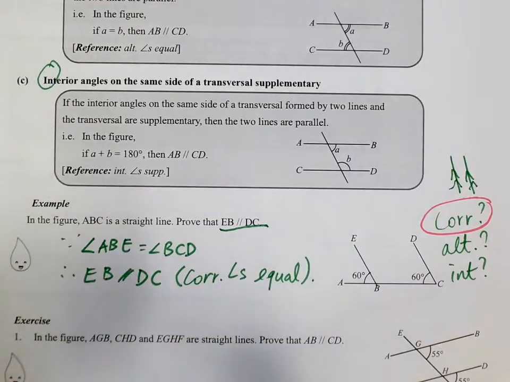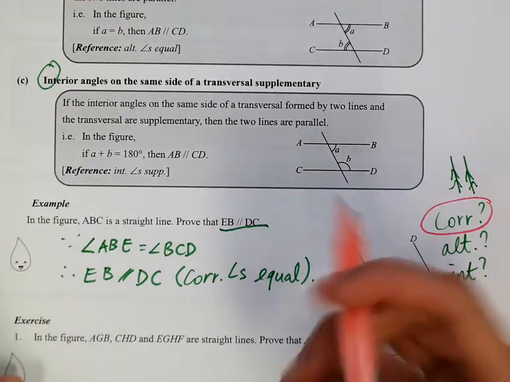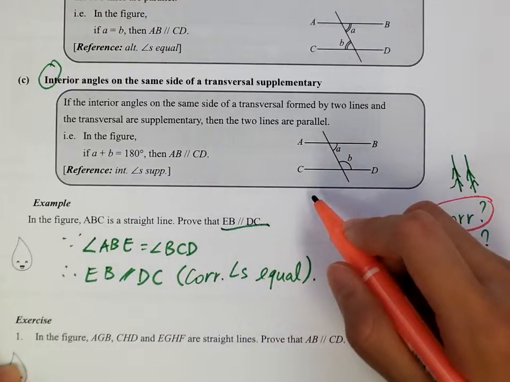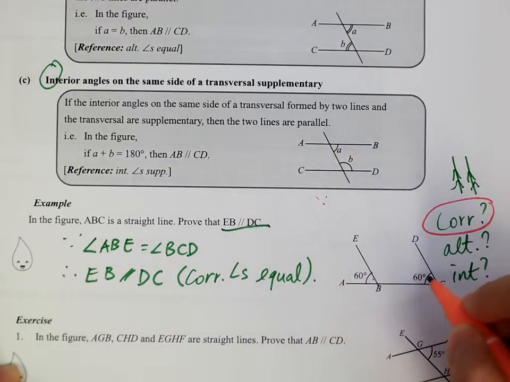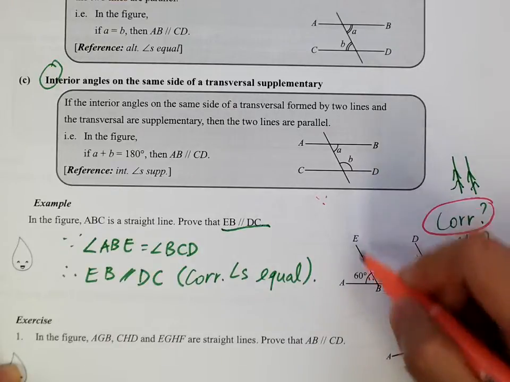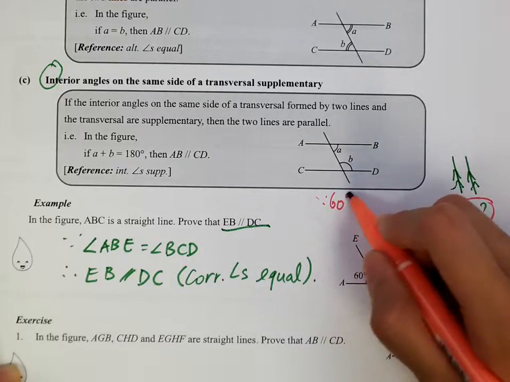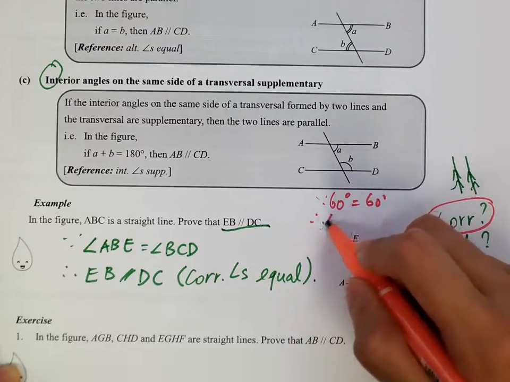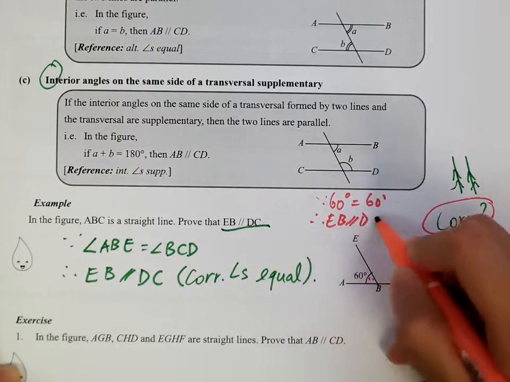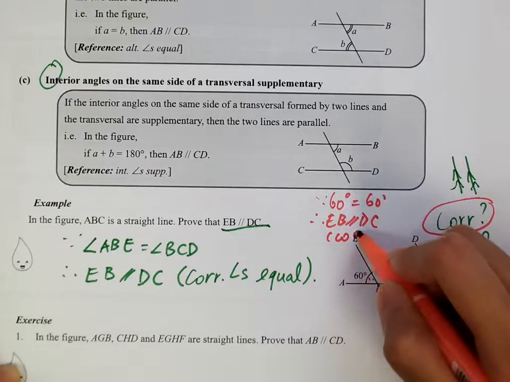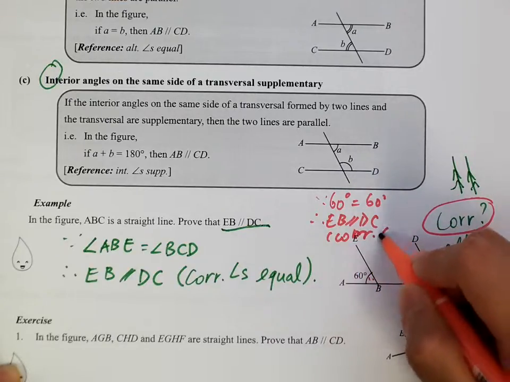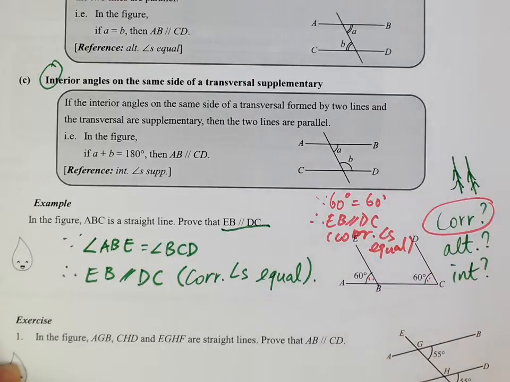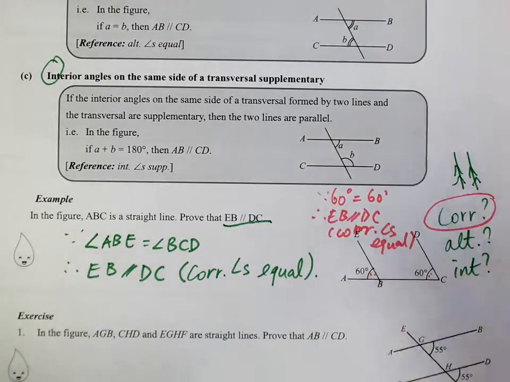You may ask, Miss Zhang, for the first step, can I write it this way: since these two angles are corresponding angles, and I know that they are equal, 60 equals 60, therefore EB parallel to DC, corresponding angles equal? No, you can't.